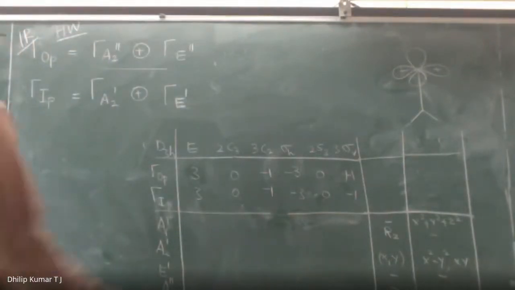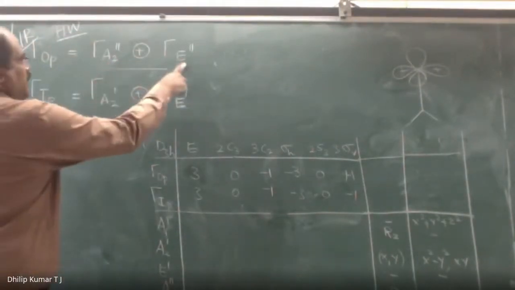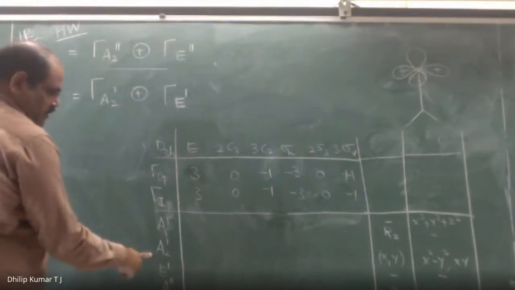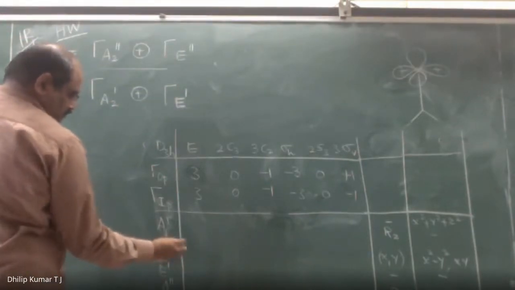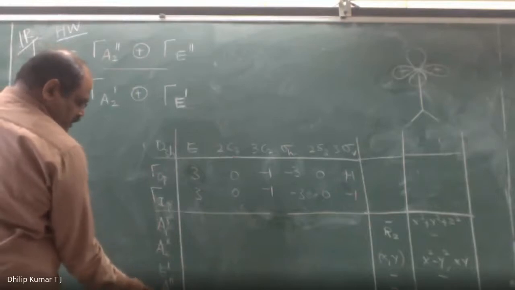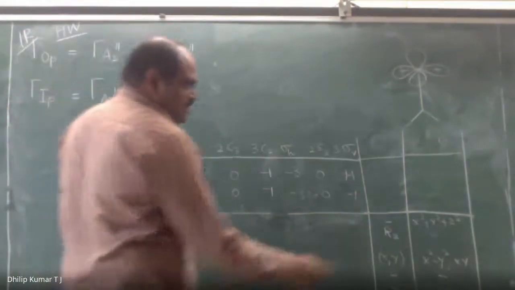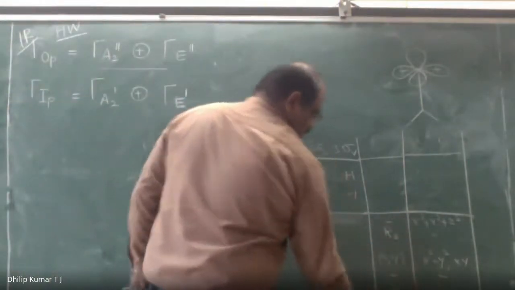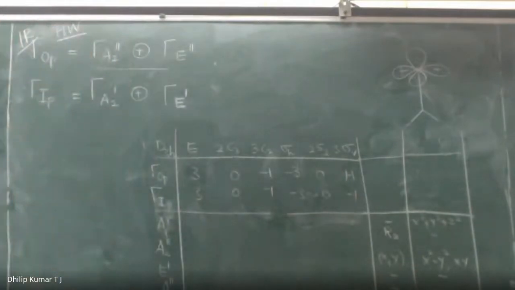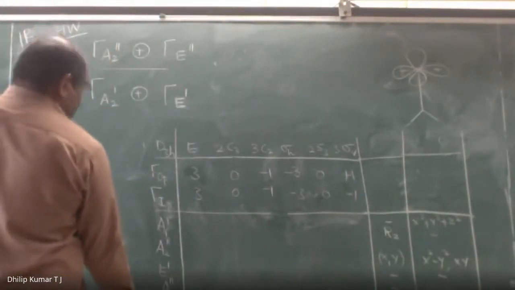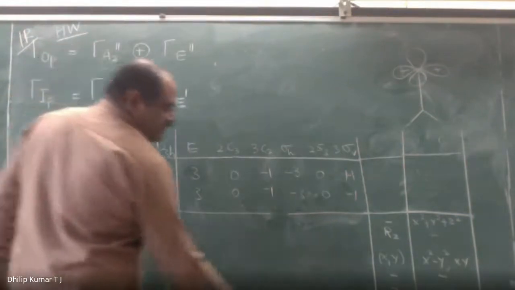So what it means is, if you see this A2 double prime and E double prime, A2 double prime is here, just the fourth one, right? So it's 1, 2, 3, 4. The fifth one has the Z orbital.